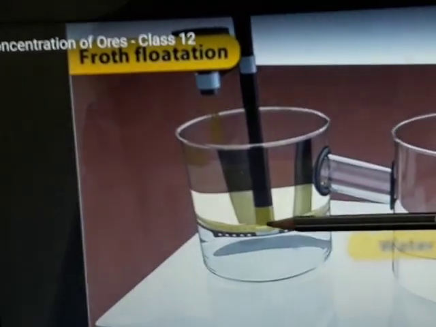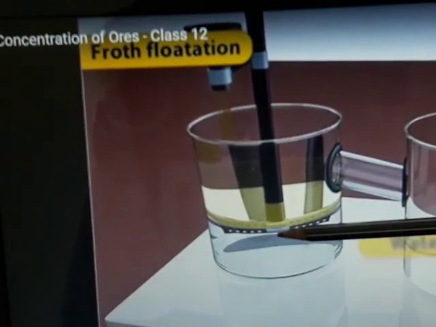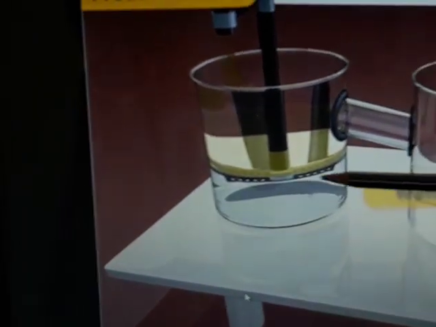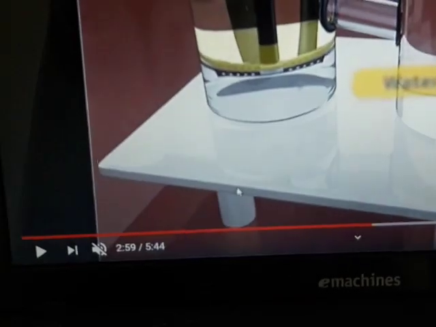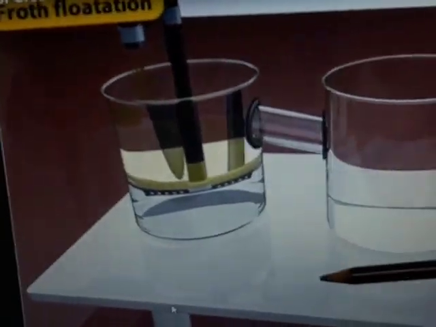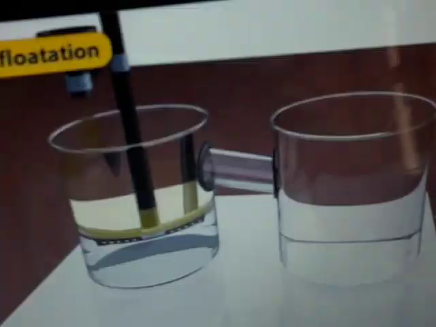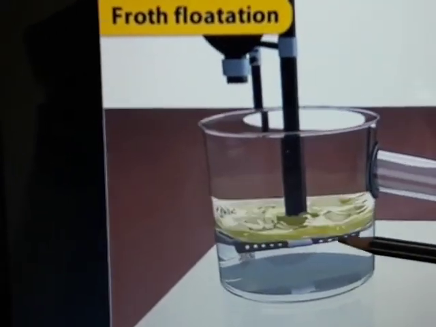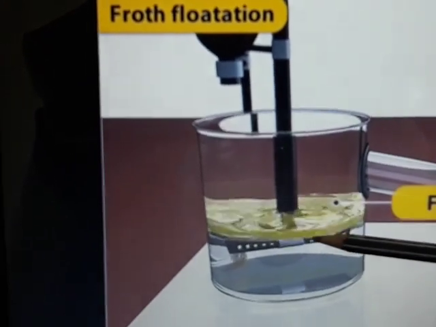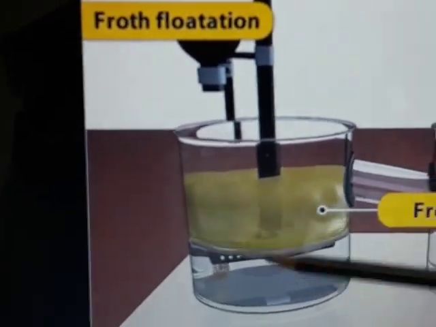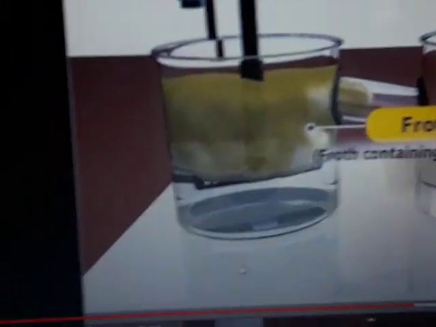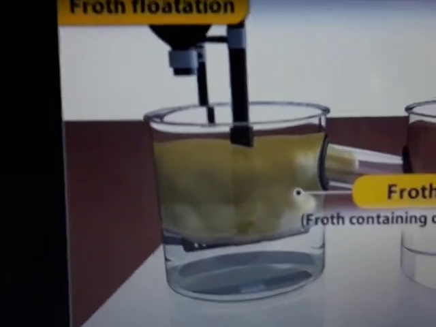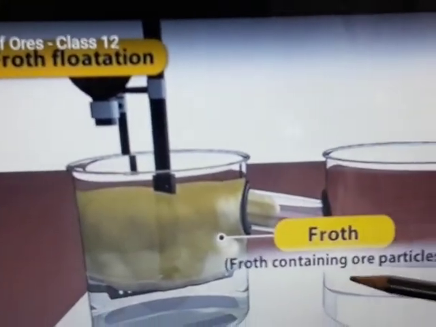The ore will be poured down here, and this agitator will pump air in it. So what will happen after the ore is mixed with oil and water and air bubbles are produced inside the ore which has sulfide in it? This froth flotation method is mainly used for sulfide ores.